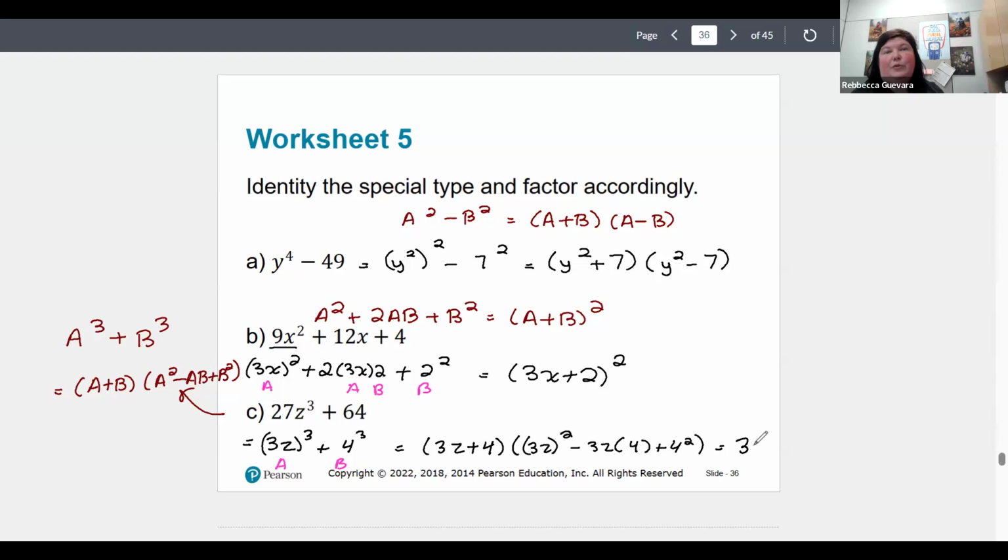So we'll turn it into 3z plus 4 times, so 3 squared is 9, so 9z squared minus 3 times 4, so that'd be minus 12z plus 16.